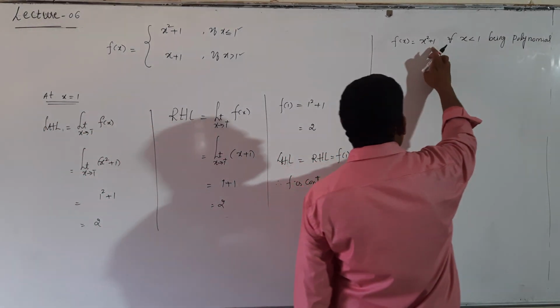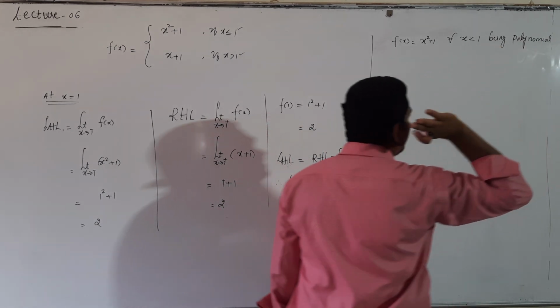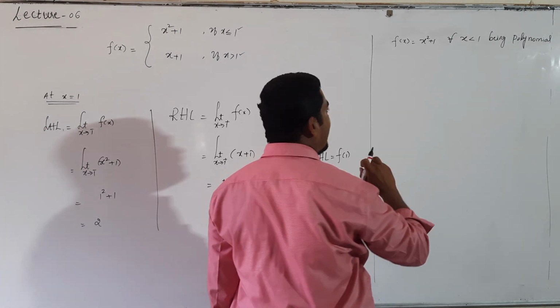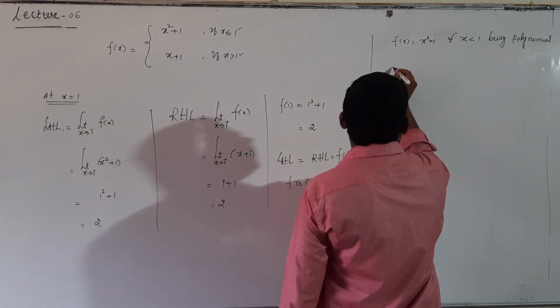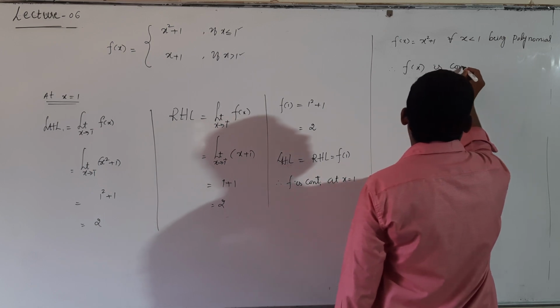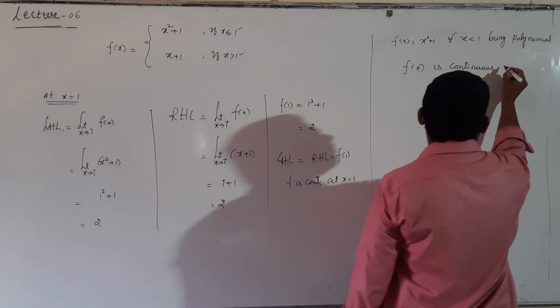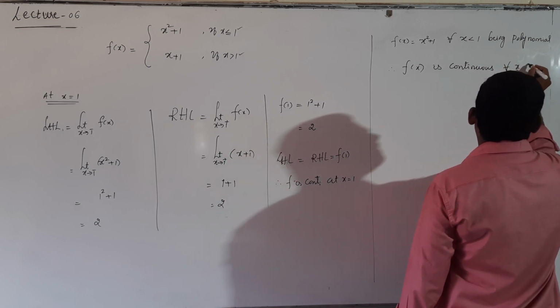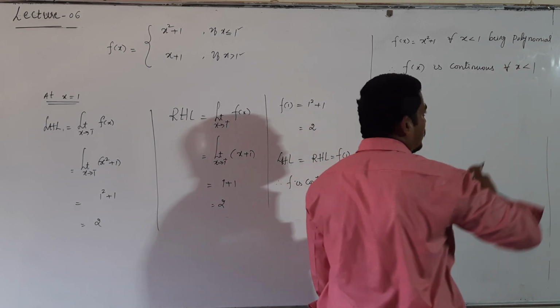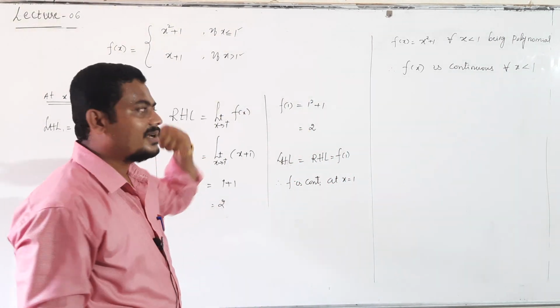Therefore f of x is continuous for all x less than 1, because it is a polynomial when x is less than 1.